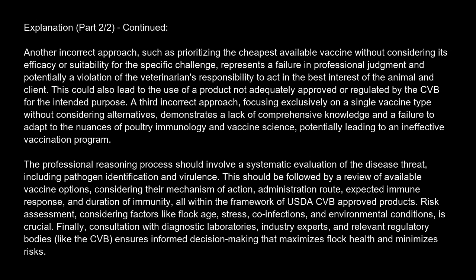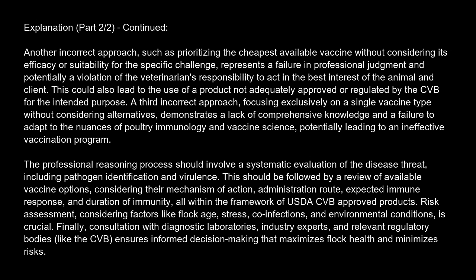This could also lead to the use of a product not adequately approved or regulated by the CVB for the intended purpose. A third incorrect approach, focusing exclusively on a single vaccine type without considering alternatives, demonstrates a lack of comprehensive knowledge and a failure to adapt to the nuances of poultry immunology and vaccine science, potentially leading to an ineffective vaccination program.